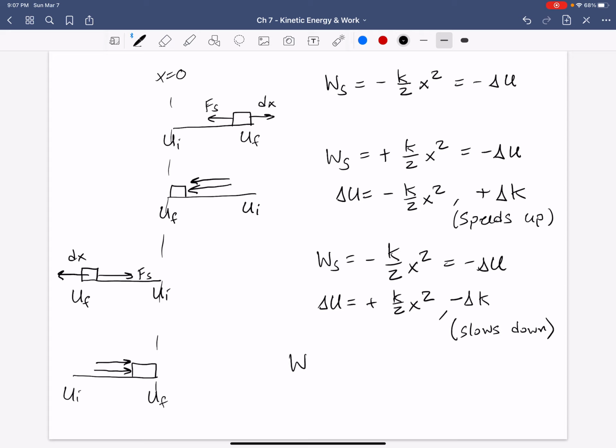And in that case, as in, I guess, section 2, we have a positive work done. And as always, work is equal to negative potential energy, right? Negative change in potential energy. So that means that delta U is negative.